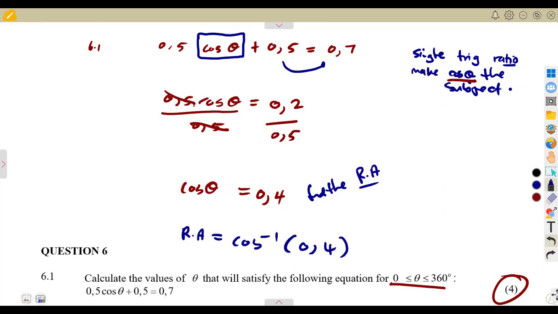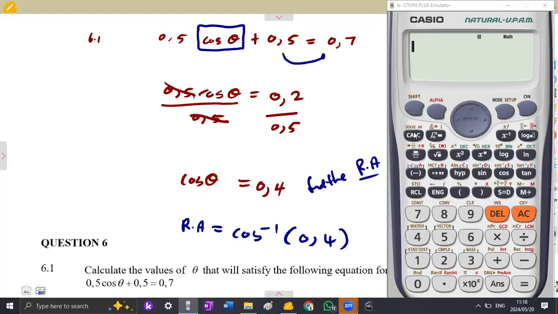Arc cos is simply shift cos on your calculator. Whenever you are working with this, what you need is to find the arc of the sine, the cos, the tan, whatever trig that you're given there. Okay, so this is on your calculator. Let us simplify this: arc cos is shift cos 0.4.